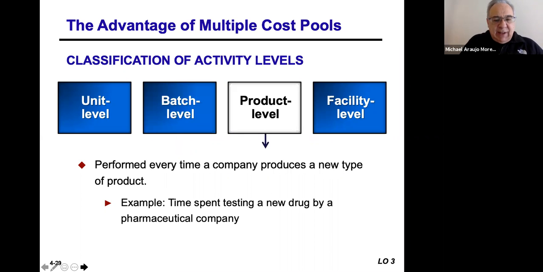Product level activities are very specific to new types of products. Okay, so any time that's spent developing a new drug, testing a new drug, et cetera, could be classified as a product level activity, which is different than a unit level, which is actually putting together the product. So that's it.